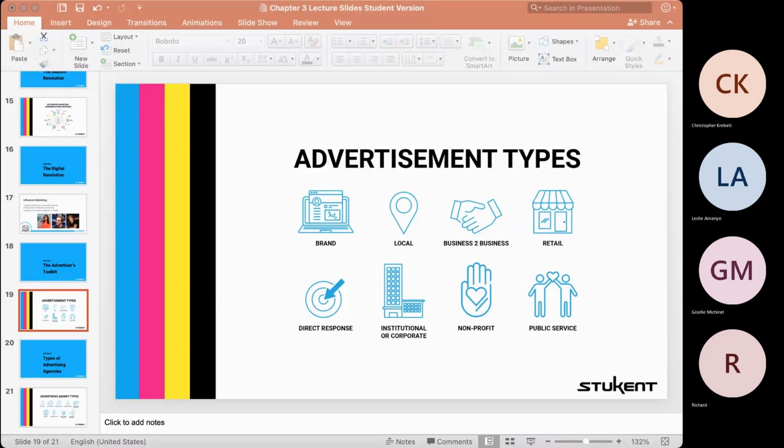What you are doing is non-profit advertising. An example is Amnesty International. They raise awareness of particular causes. These kinds of advertisement require specific expertise in knowing how to build public trust.